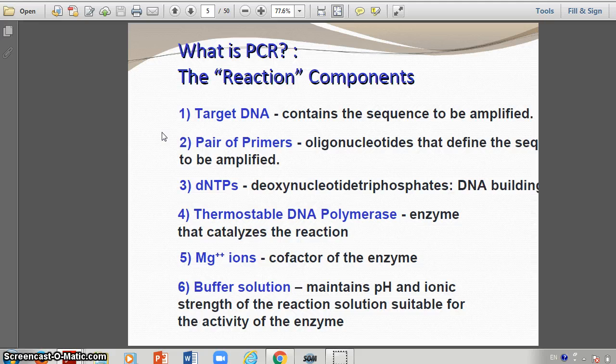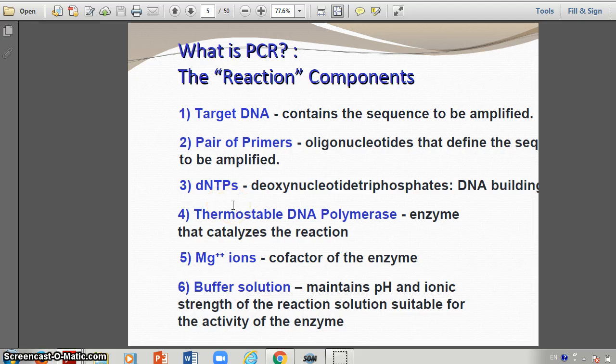Then dNTPs, that is deoxynucleotide triphosphates, which are the nucleotides. If you have to amplify the target DNA sequence, that means you are going to make n number of copies of target DNA. So what is required? There should be nucleotides, so there are dNTPs. Next is thermostable DNA polymerase.